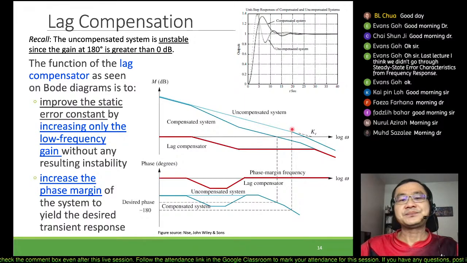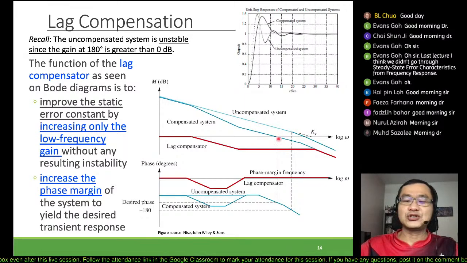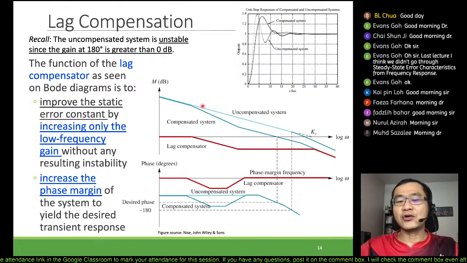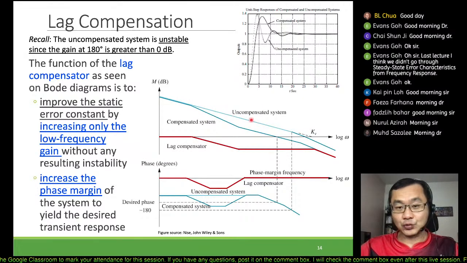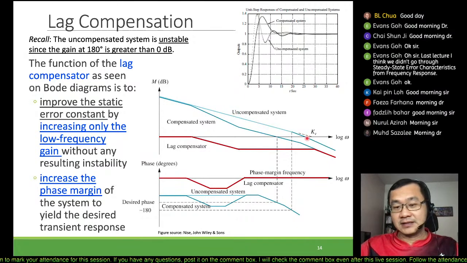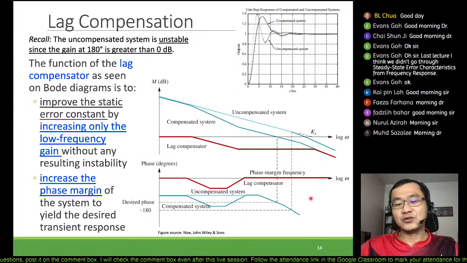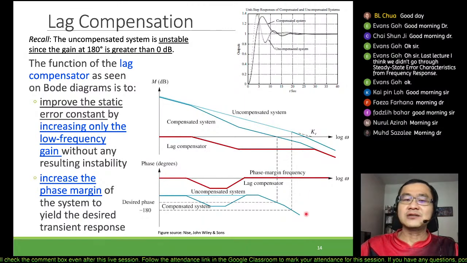means unstable, right? So this is how you can see that if we use the original, the lighter blue one, the system will only become stable after this value, which is more than 180 degrees. So originally it may not be stable.